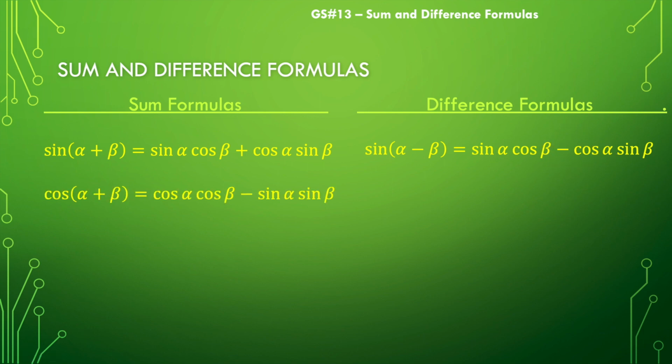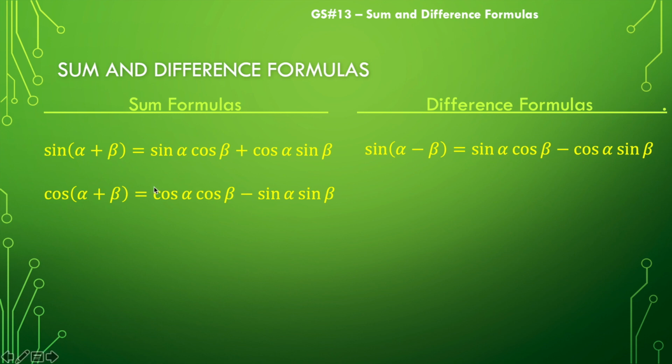For the cosine of the sum of two angle measures, this is a little bit different. We have the cosine of alpha plus beta is the cosine of the first angle times the cosine of the second angle minus the sine of the first angle times the sine of the second angle.